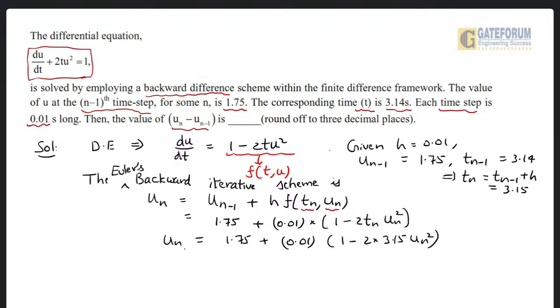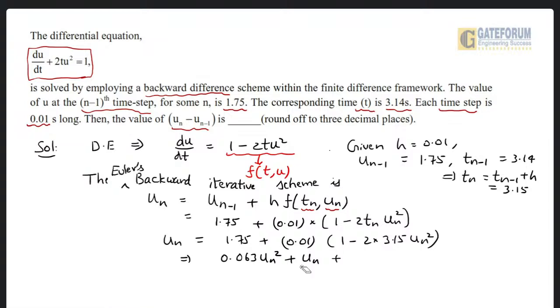Bring all the terms to one side. So this can be written as 2 into 3.15, that is 6.3, into 0.01, bring into the left side: 0.063 un square. Already un is on the left side, plus un. 0.01 into 1 is 0.01, plus 1.75; this 1 will become negative on the left side.